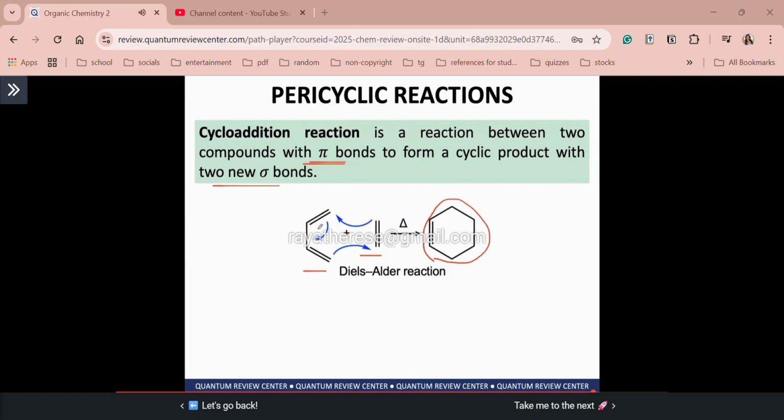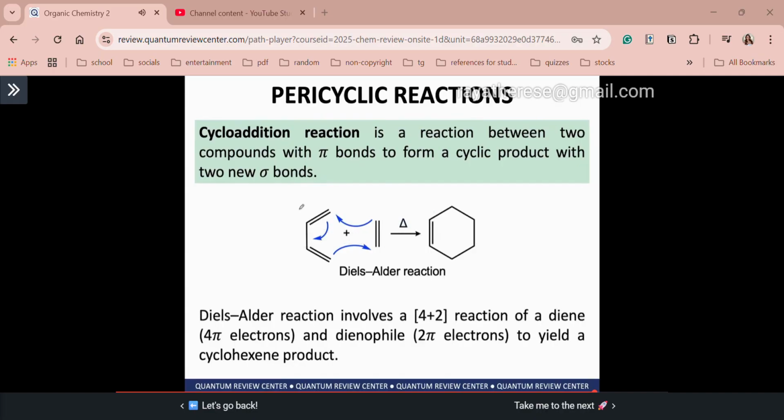Again, class, you need an input of heat or light in order to induce a pericyclic reaction. So don't forget, Diels-Alder reaction is a type of cycloaddition reaction. This one is particular with your 4+2 reaction. So this is a 4-carbon diene with your 2-carbon dienophile, and of course, they have the presence of double bonds.